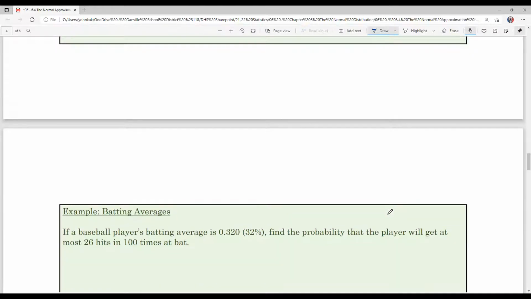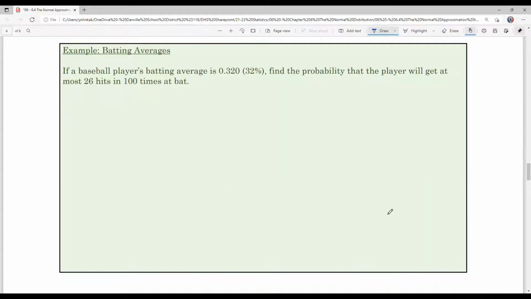All right, let's take a look at the next example. If a baseball player's batting average is 0.320 or 32%, find the probability that the player will get at most 26 hits in 100 times at bat. Well, my 100 times at bat is going to be my n. My probability of a success is 0.32.